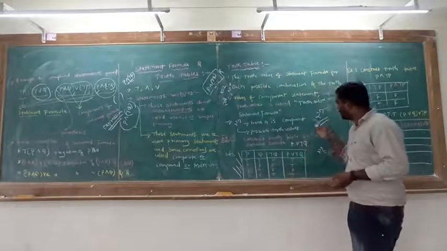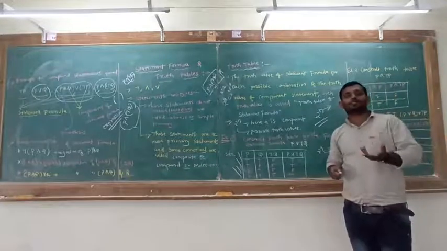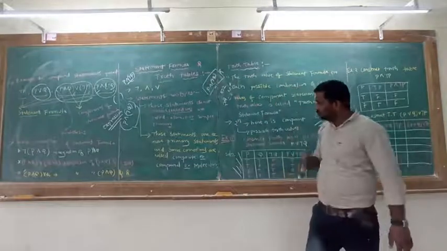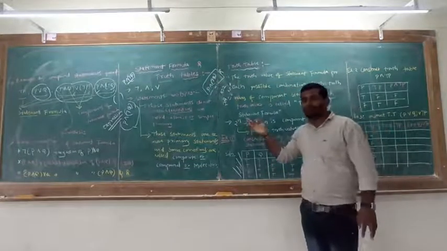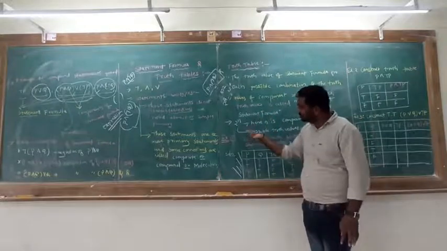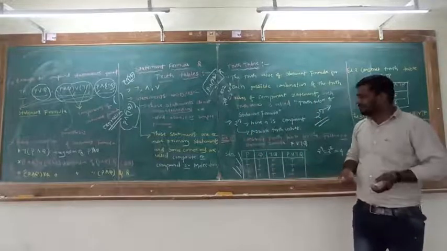Then n equal to 3, so 2 raised to 3 is 8 possible truth values. So we use 2 raised to n, where n is the number of components in a statement formula.